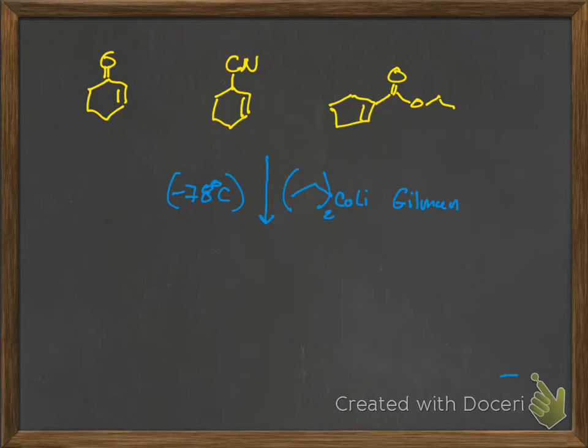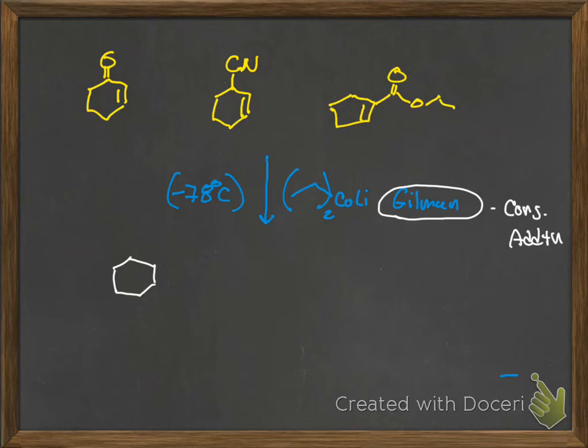Hey, welcome back. The thing about the Gilman reagent that you need to remember is this. It's going to do a conjugate addition. So, without worrying about the mechanism here, because these are pretty complicated mechanisms, what I'd like you to see is this. The product for the first one would look like this. Actually, I found a better way to write that. It would look like this.